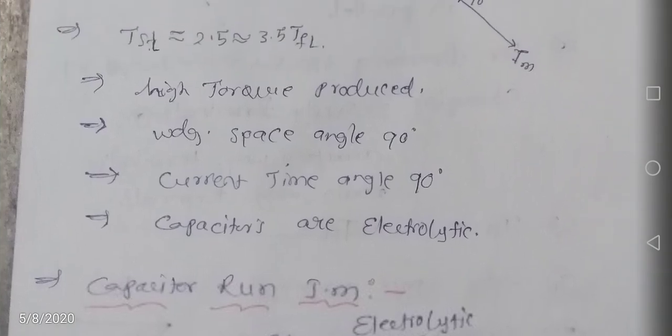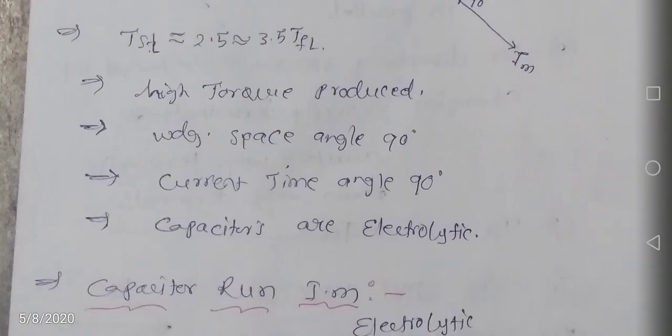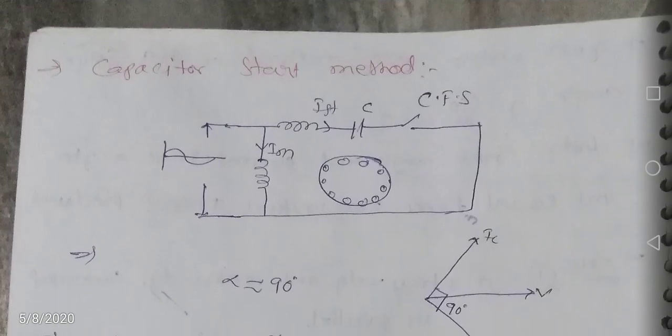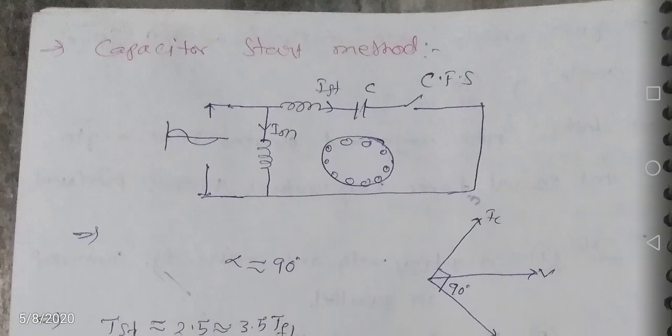So this is the capacitor start method. The only difference is that in the split phase induction machine, a resistance is connected in the auxiliary winding, and in the capacitor start method, a capacitor is connected. In a resistance split phase machine, alpha is 30 degrees.